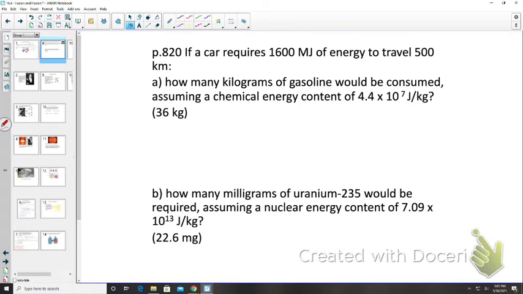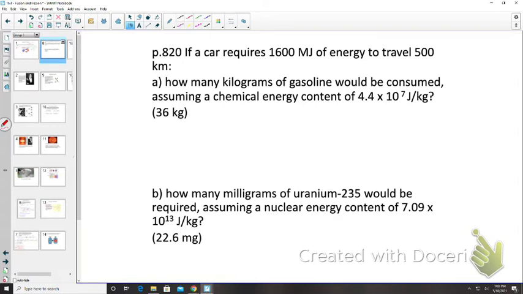So if a car requires 1600 megajoules of energy to travel 500 kilometers, we're asked how many kilograms of gasoline would be consumed, assuming chemical energy content of the gasoline of 4.4 times 10 to the 7 joules per kilogram burned. So for every kilogram burned of gasoline, you get 4.4 times 10 to the 7 joules.